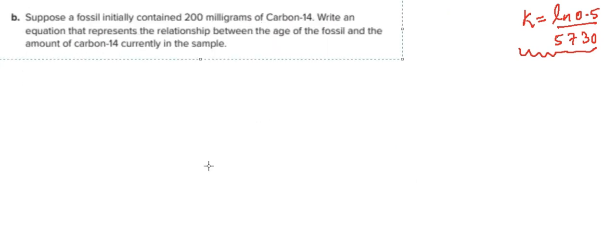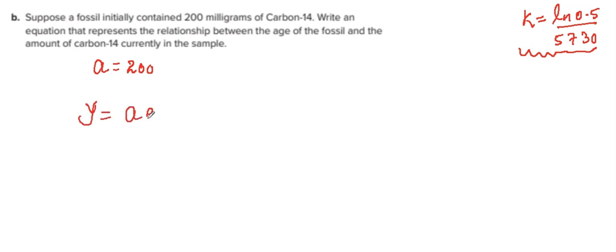B part, they're saying suppose a fossil initially contained 200 milligram of carbon. So initial is given to you here, A is given to you, 200, and that's it. Write an equation, you just need to write the equation. So y is equal to A e^(kt). Y is equal to A, which is 200, times e power k.